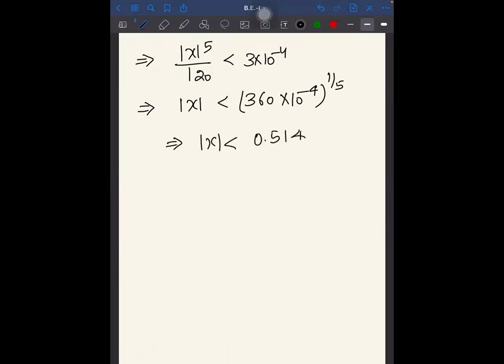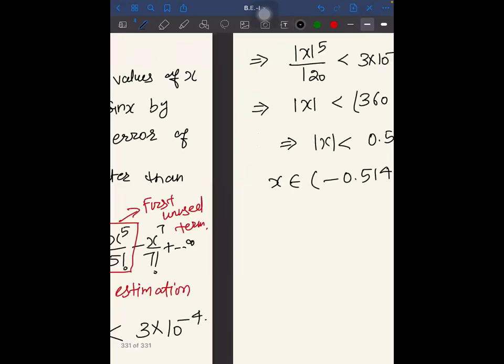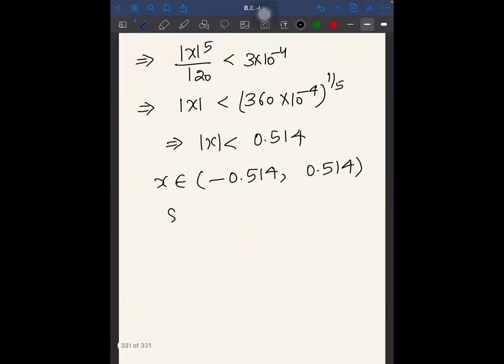So if you take the values of x from minus 0.54 to 0.514, then sin x can be approximately written as x minus x cubed by 3 in such a way that the error between the actual value and sin x will not be more than 3 into 10 raised to power minus 4. So are you getting this?